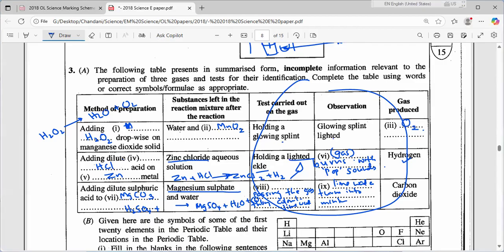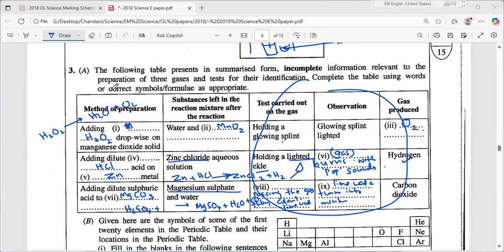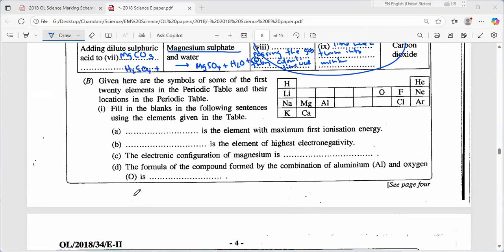In your textbook, the method of producing carbon dioxide uses calcium carbonate. When using calcium carbonate and the acid, we get a calcium-containing product. Now here, keep that in your mind. The product contains magnesium, so the carbonate we are using should contain magnesium, right?